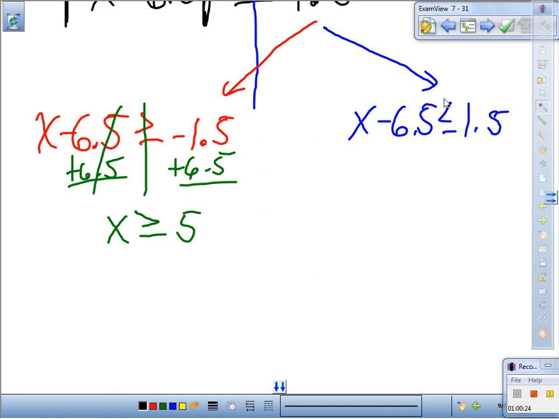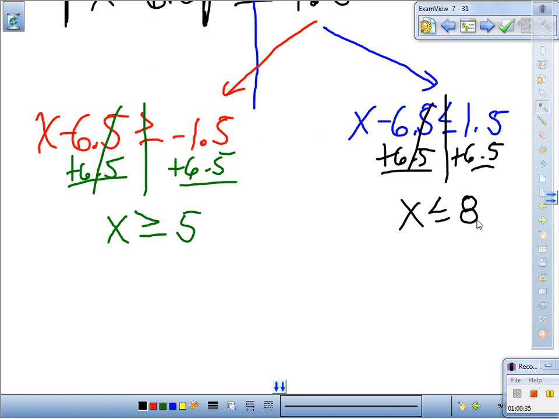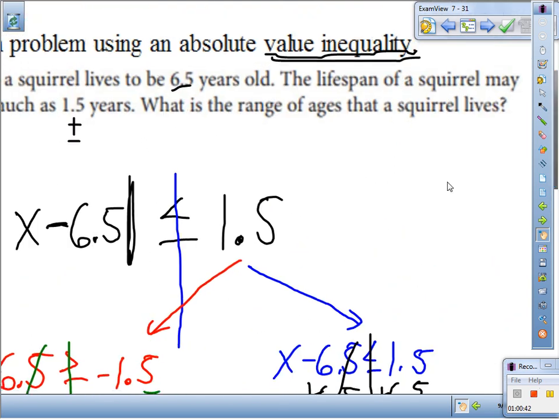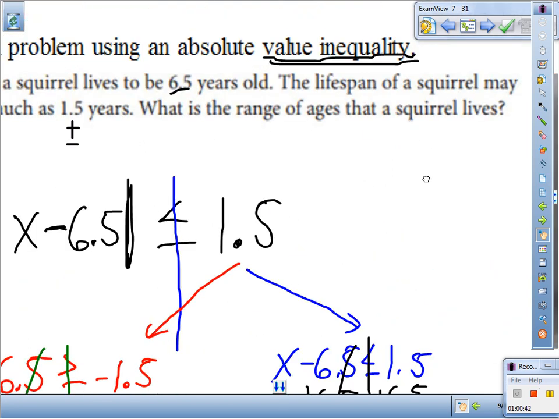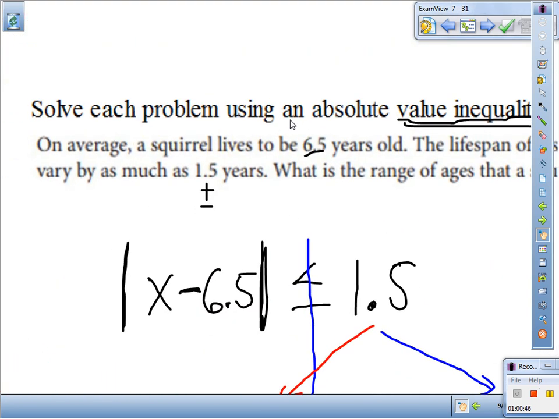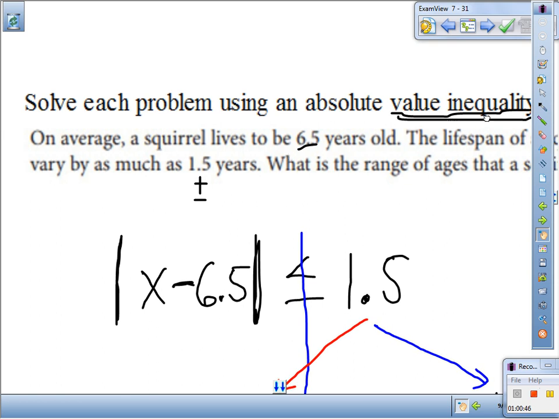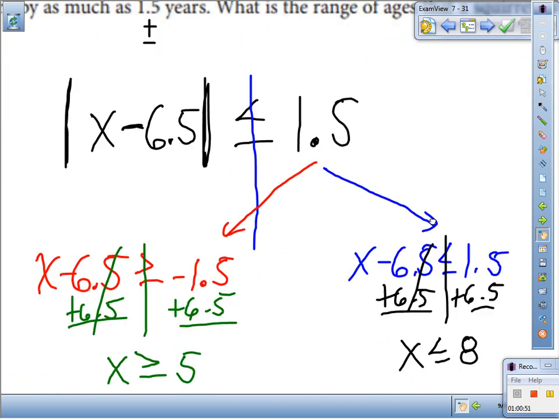This one, plus 6.5, plus 6.5, x is less than or equal to 8. Now, it says, what is the average age of the squirrel? But we need to write it in what? In an absolute value, in an inequality form.